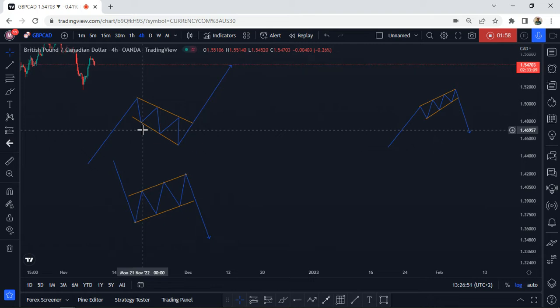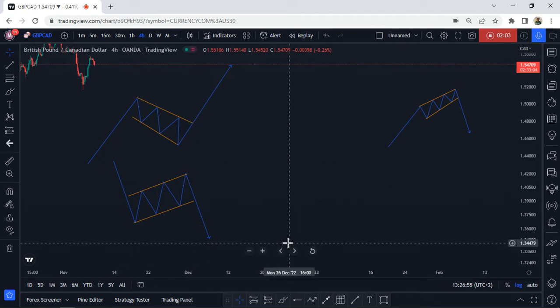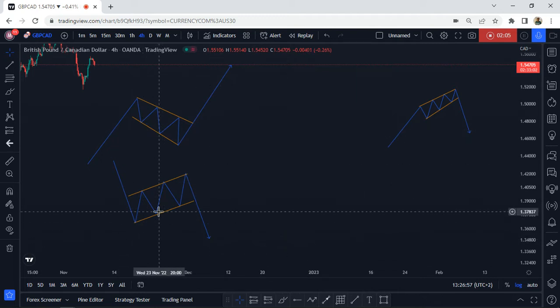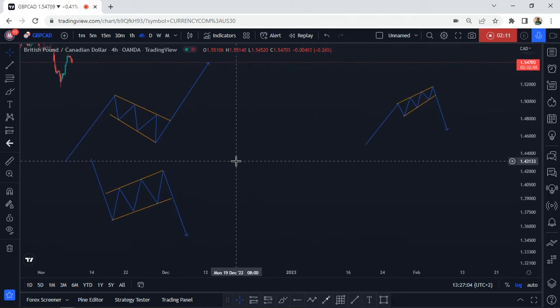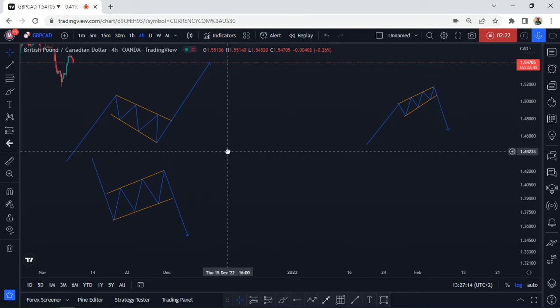This is a bullish flag, and there are still other patterns, like the ascending pattern, rising wedge, and others. But I found bullish flags and bearish flags more probable, guys. I've been testing this type of pattern for 2 years now, and I realized that the bullish flag and the bearish flag are really working.